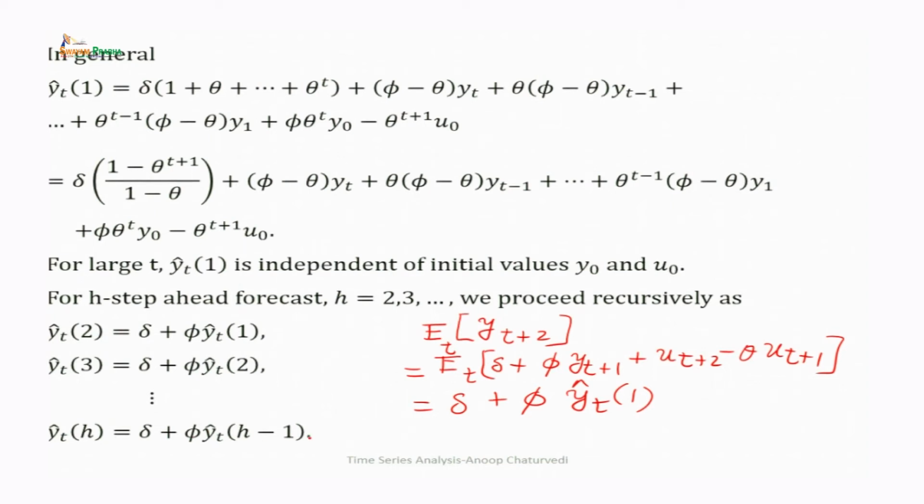So, for h greater than or equal to 2, your forecasted values are just like the forecasted values of the AR(1) process, and the reason is that the effect of the MA term vanishes, because the MA term is of order 1. So, it has no effect for h greater than or equal to 2.